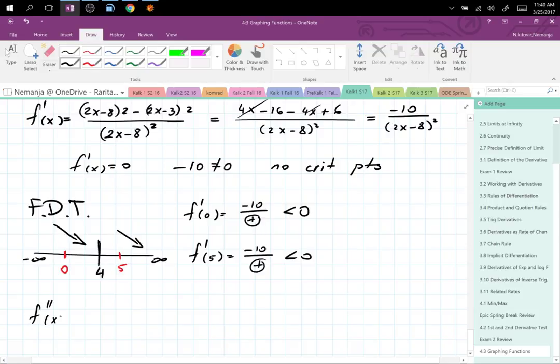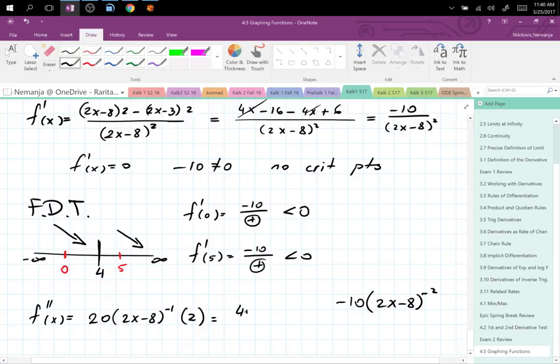Let's take a look at the second derivative. Now, I would urge you not to use quotient rule here, because this is simply negative 10 times (2x minus 8) to the negative 2. So we just use basic chain rule, which is 20 times (2x minus 8) to the negative 1 times the derivative of the inside.